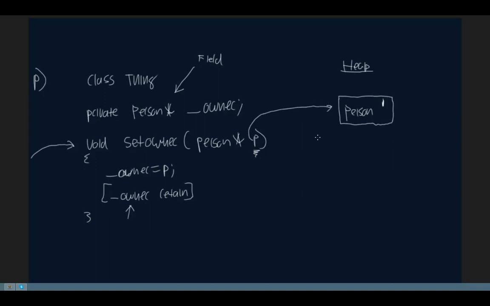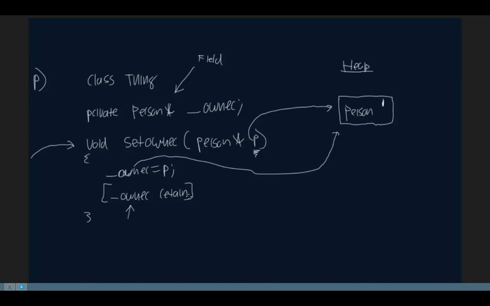But then I do something special. This is the rule that I'm talking about. If our method assigns the address of the pointer to another pointer that is longer lived than the method, we have a problem, because this owner variable is going to be still pointing to this person long after this set owner stack frame is erased.